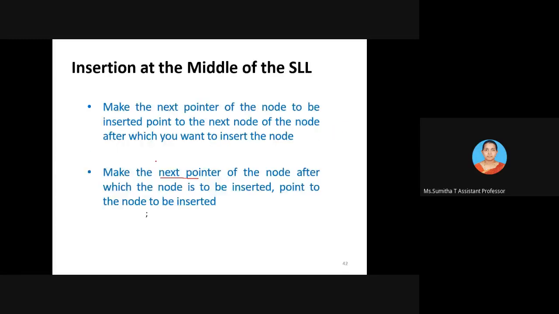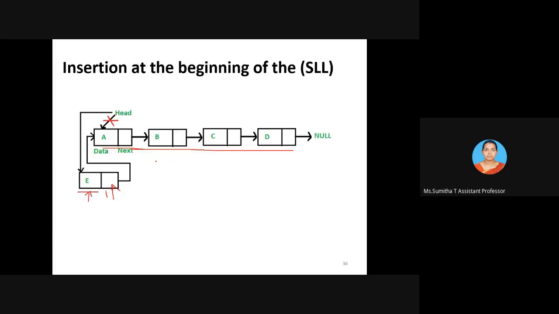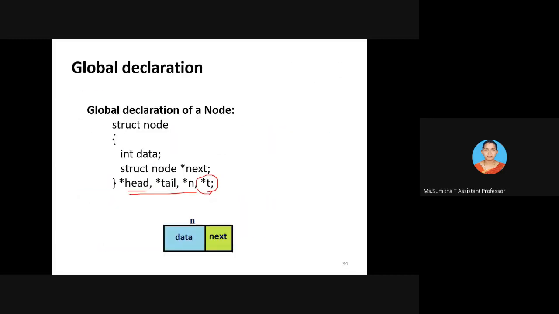Okay, fine. Here I have declared it. Now I'm discussing only the logic, not the whole program. Previously this is the node, and this is the variable I have declared. It is only for accessing, like a temporary variable.